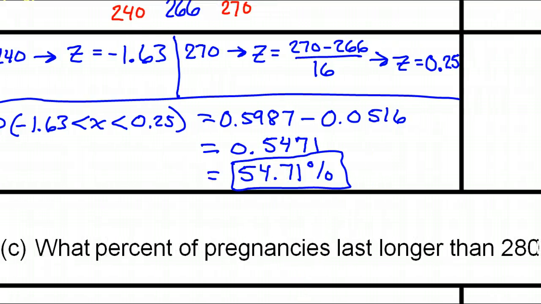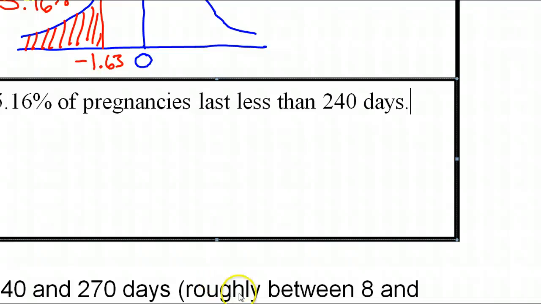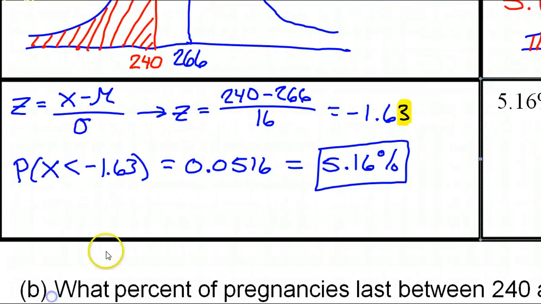Okay, but before we can just answer the question, we need to do step 3, which is to draw this picture only using z-scores instead of these actual values. So in fact, I'm just going to cheat, and I'm going to literally cut and paste this.